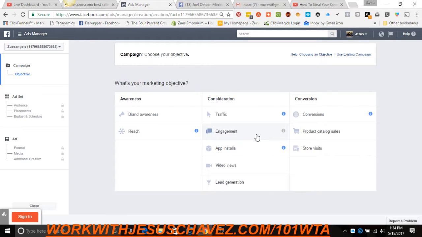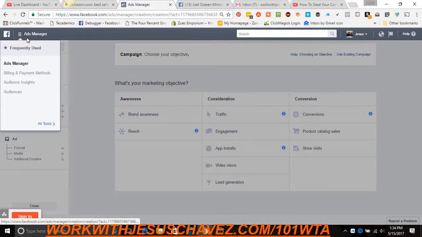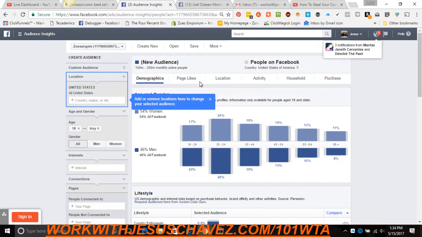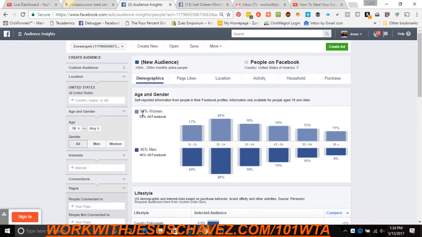But if you're looking to, hey, you know what, I really want to target my audience, I really want to get some really, really detailed information, then I would definitely recommend doing Audience Insights again, using this, because it tells you 54% of women are on Facebook.